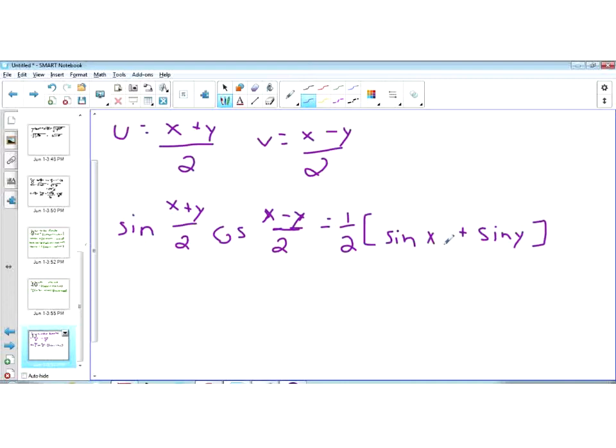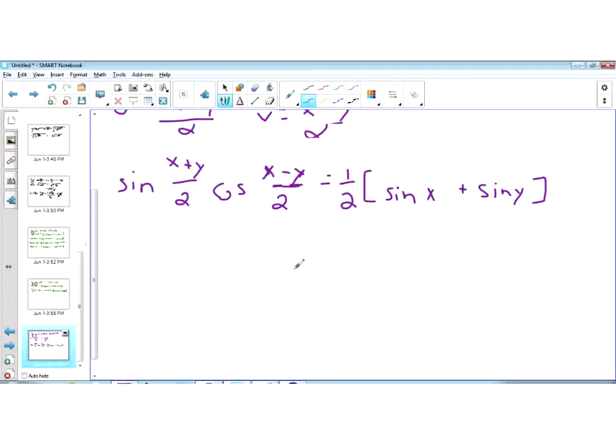And so sine x plus sine y, of course, is 2 times this quantity on the left. Okay, so proceeding further, we have 4 relations we can identify. I would expect you to be able to prove these.